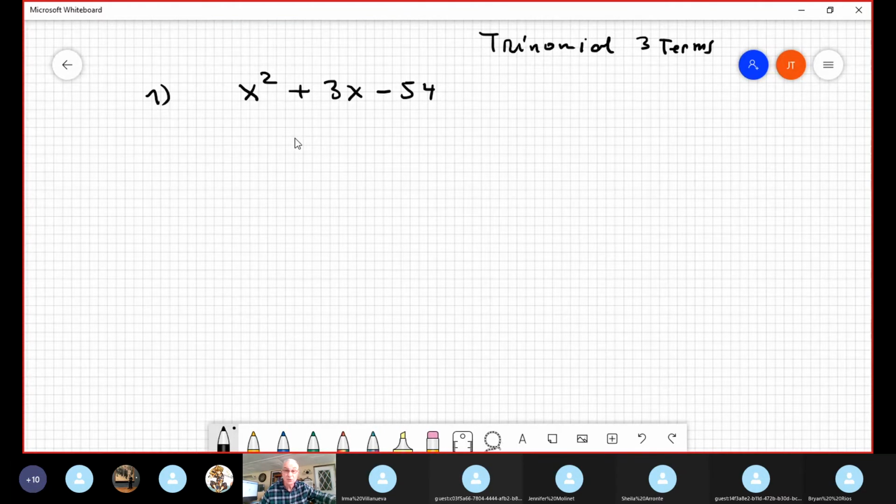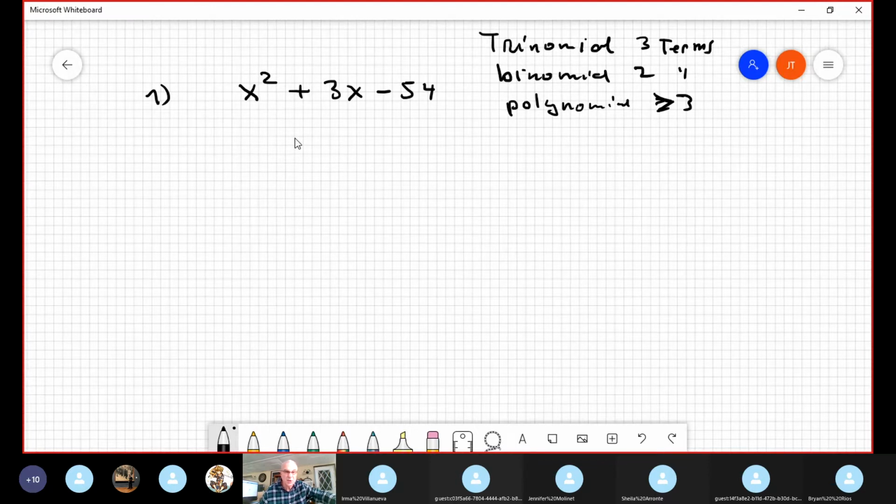This is the name of it. If it's two terms, it's a binomial. Binomial is two terms. More than 3 is called a polynomial. So 4 terms, 5 terms is a polynomial. But okay, don't worry about the name.